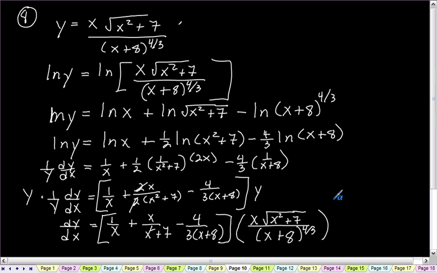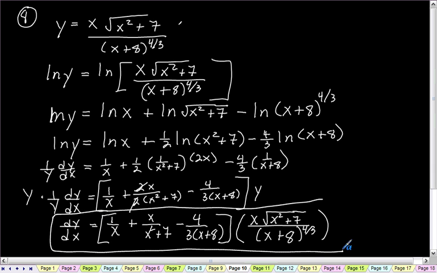If you multiply this through, you get even more confused. So don't do it. It'll just be painful. That's good enough.